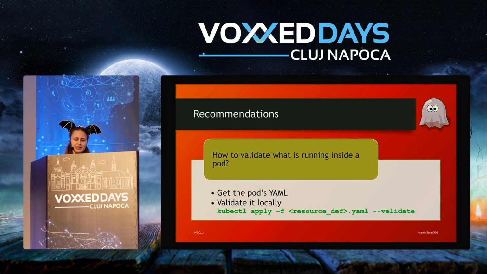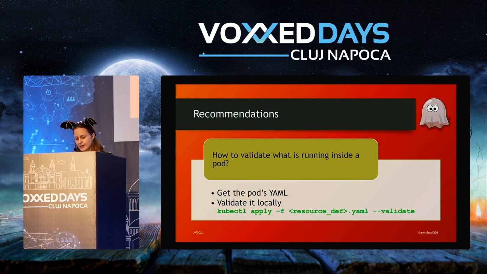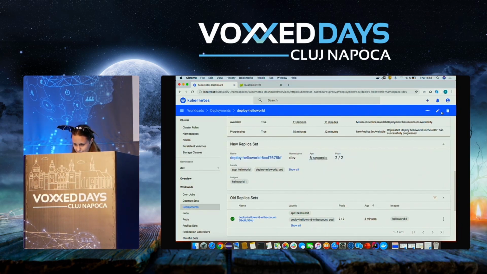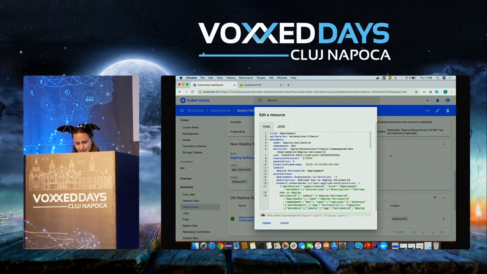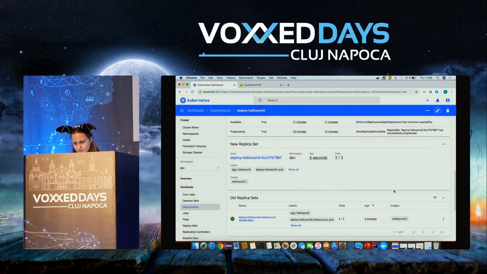Now, you can validate that locally. Typically, validation is out of the box when you're deploying on Kubernetes. However, some people like to use this thing over here because you can edit. And if you're in a hurry, you have access to edit the resource. People sometimes do these things, and it works, right?